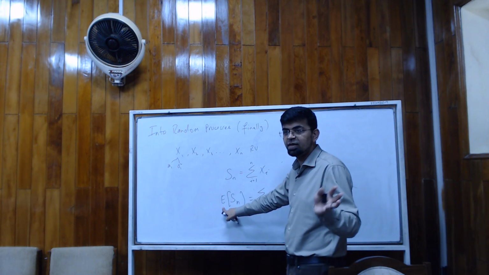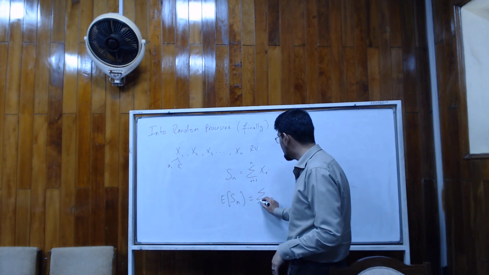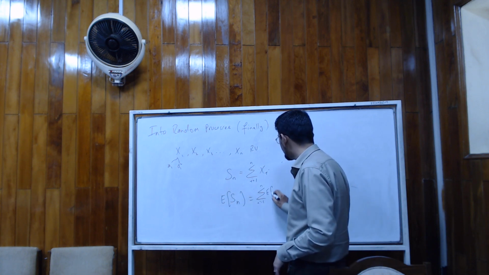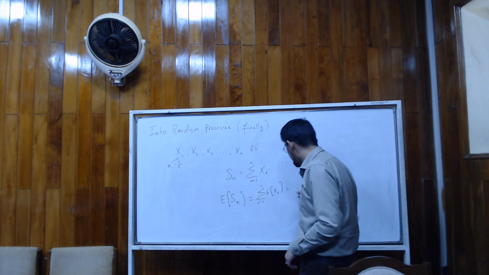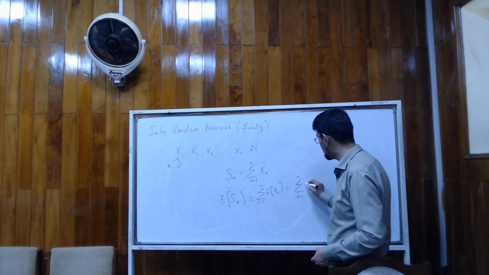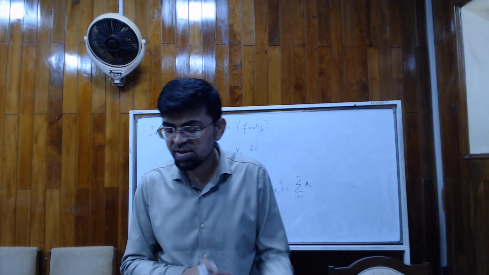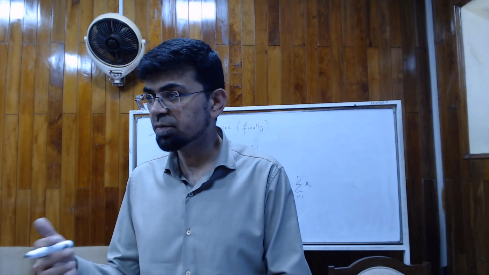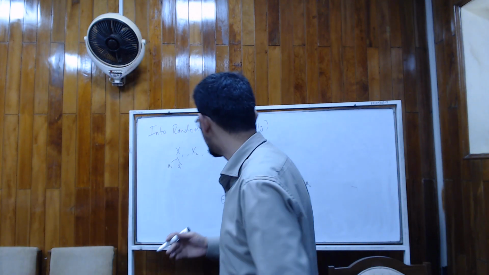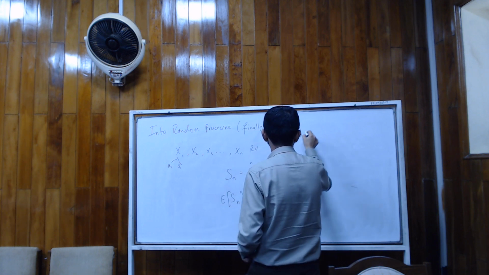It doesn't require anything else. It doesn't matter whether they are independent or not. So it's summation i is 1 to n of E of xi, which is summation i is 1 to n of mu i. So the mean of the sum is the sum of the means. Okay, now more interesting: what is the variance of Sn?